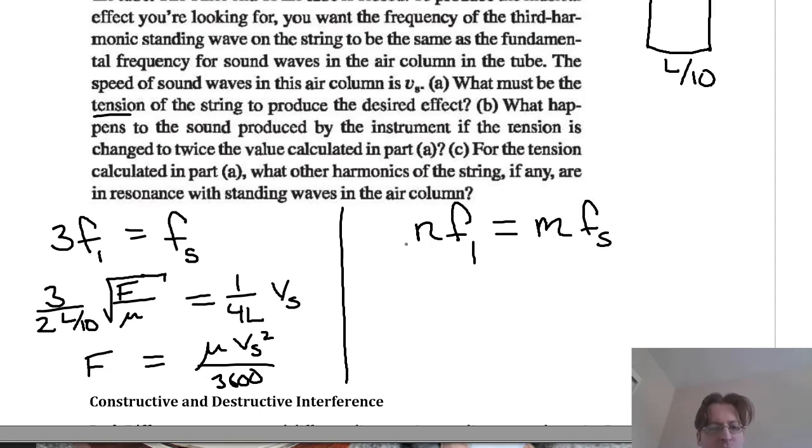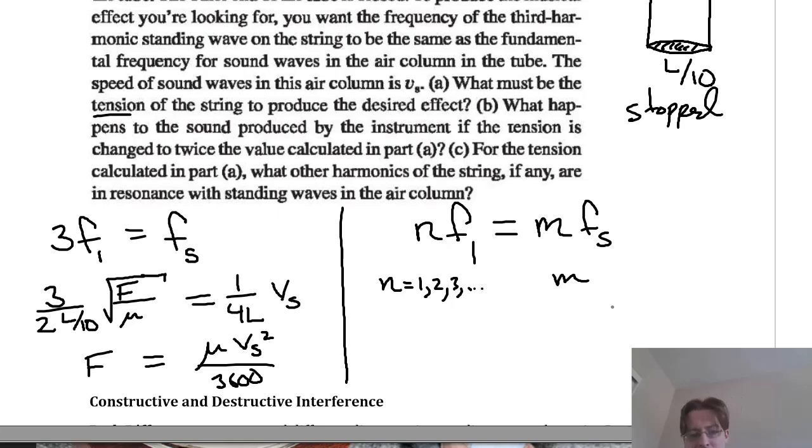Crucial to remember here that since it's a string, n can be 1, 2, 3, and so on, any non-zero integer. M, however, since it's an air column that's closed at one end, this end is stopped off. It's a stopped pipe resonator. Then M can only be odd integers, 1, 3, 5, etc.